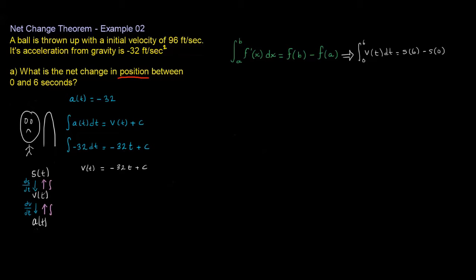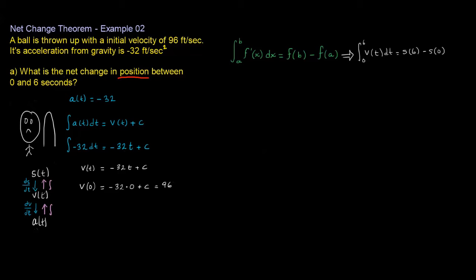In order to find c, we require a piece of information, and given the data we have from this setting, the initial velocity was 96 feet per second. In other words, velocity at time equal to 0 is negative 32 times 0 plus c, which was equal to 96 feet per second.